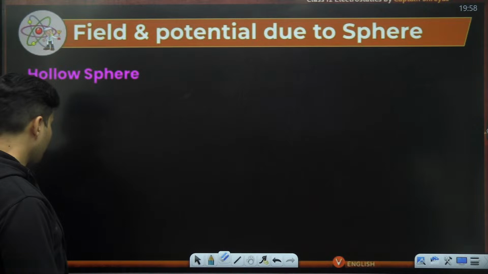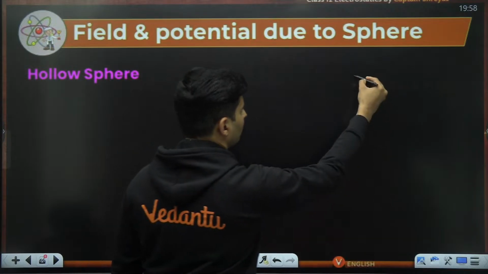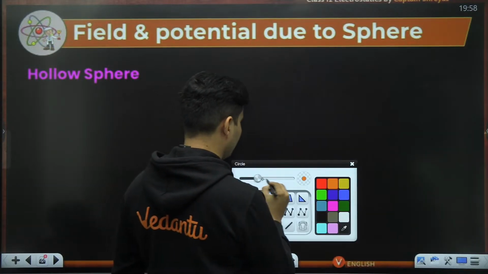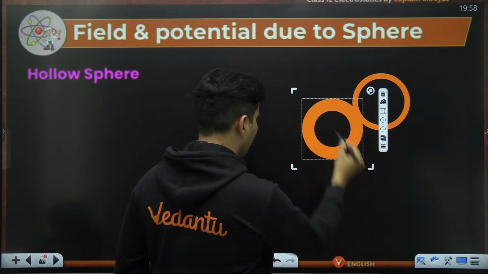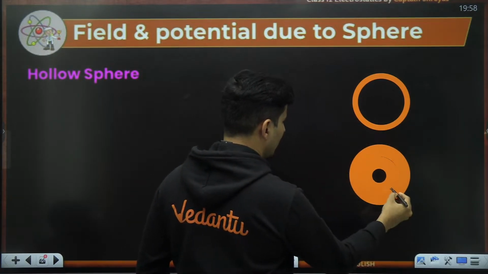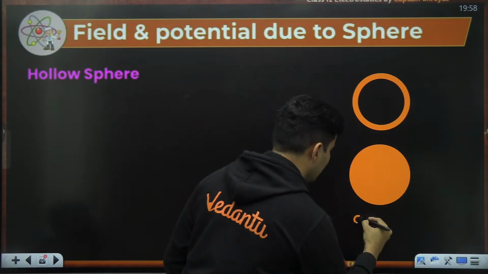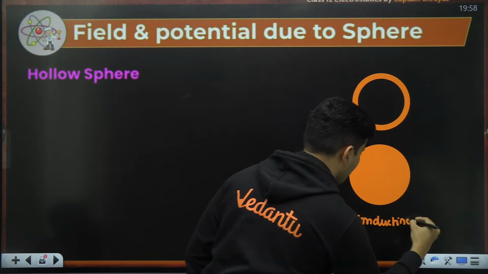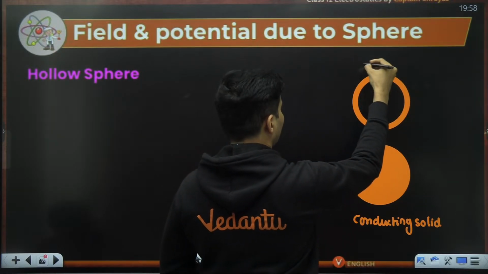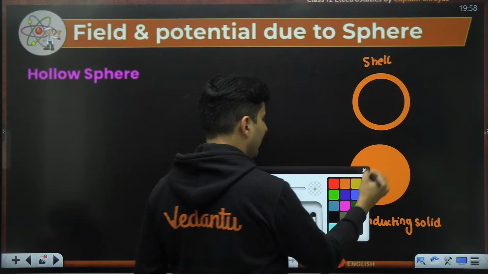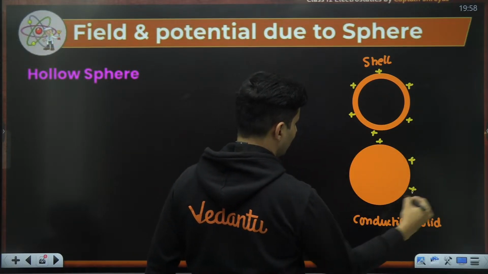If you have a hollow sphere, or even a solid sphere which is conducting in nature, or basically a shell, irrespective of that, the charges will be only on the surface of a conductor.